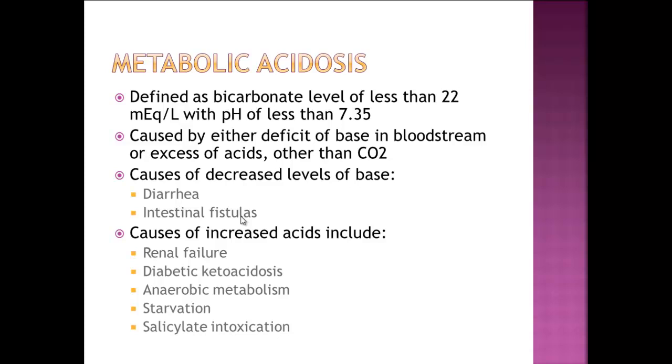Causes of losing your base, losing the bicarb: diarrhea or intestinal fistulas. Causes of increased acids include renal failure, diabetic ketoacidosis, anaerobic metabolism, anything that would cause increased production of acid in the system.